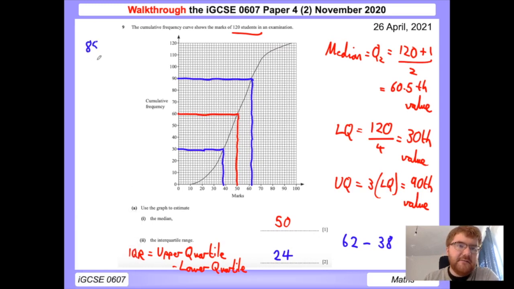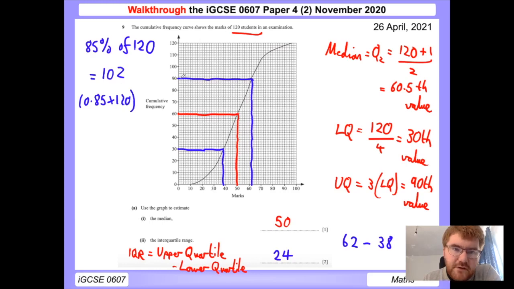So we find 85% of 120, which is equal to 102. Again, the way you'd work this out on the calculator is just do 0.85 times 120. So I'm going to go to 102, just a little bit above 100.